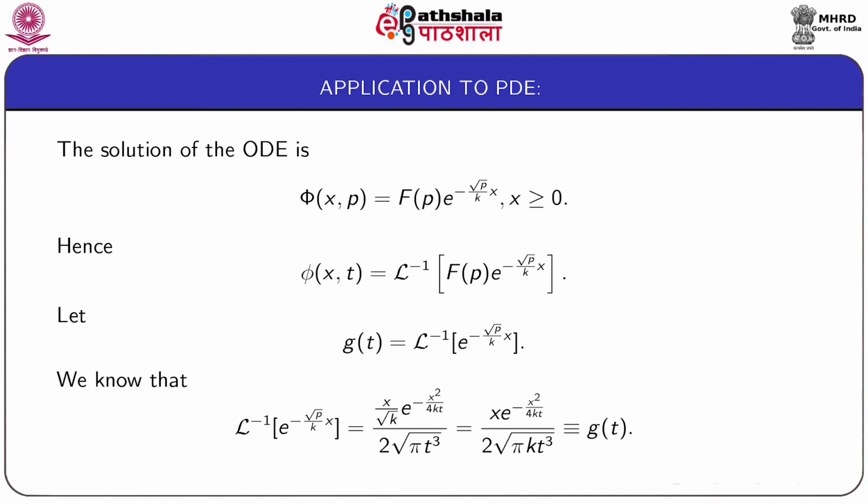Now, using the convolution theorem, we see that φ(x,t) can be obtained in terms of f(t), which is the Laplace inverse of F(p), and the function g(t), which is the Laplace inverse of the function e^(-√(p/k) x).